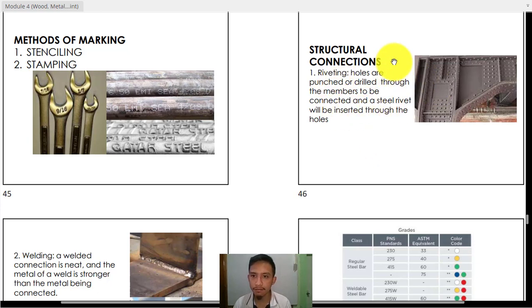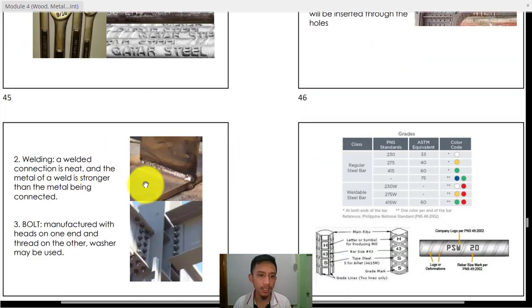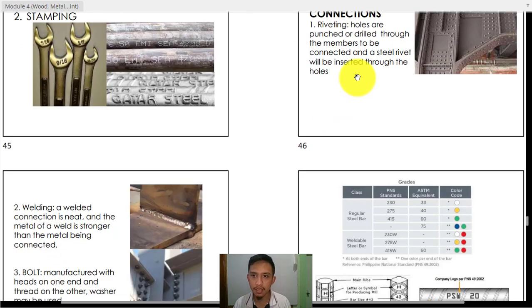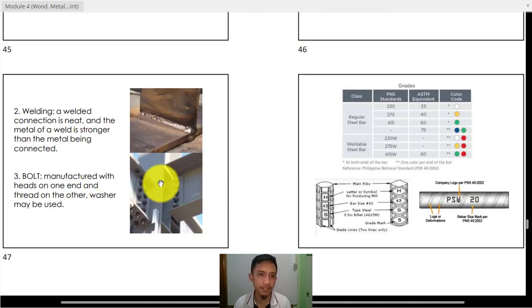So this is commonly used on thin sheets, while welding and bolts are commonly used on thick members, because it is not that easy for us to punch a hole on site to insert a rivet on thick members of metals. Therefore, we are using welding and bolts. The only challenge with bolts is that there are common errors in manufacturing, wherein, let's say, for a column and a beam, the holes punched on the beam during manufacturing are not aligned to the holes punched on the column.